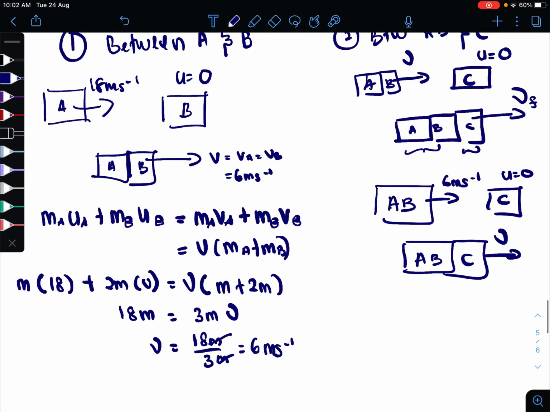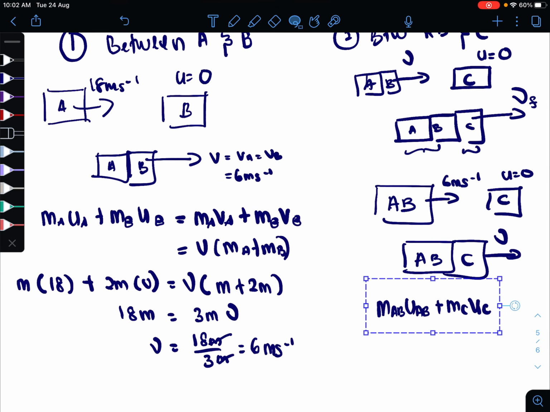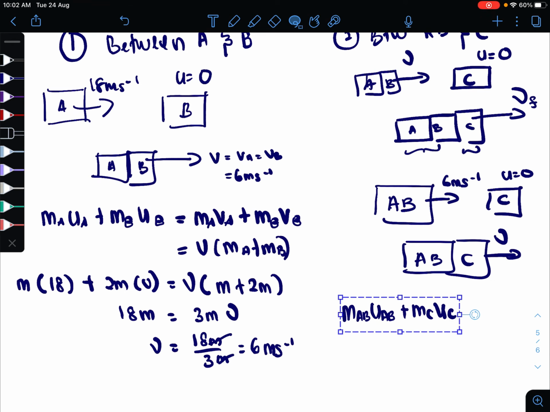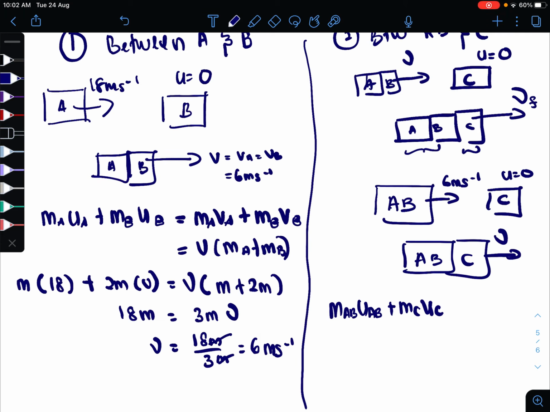MAB UAB plus MC UC is equal to MAB VAB plus MC VC.